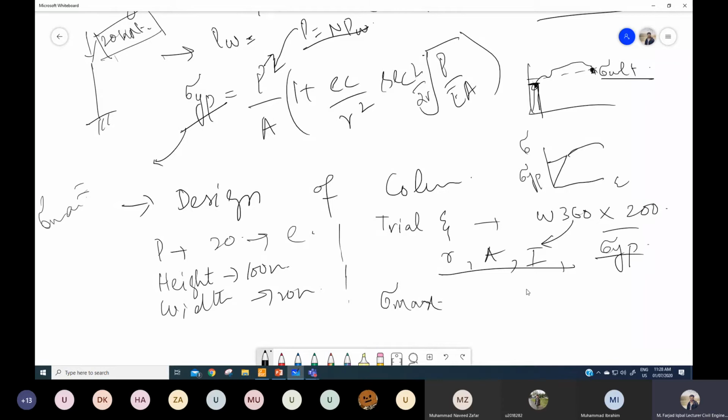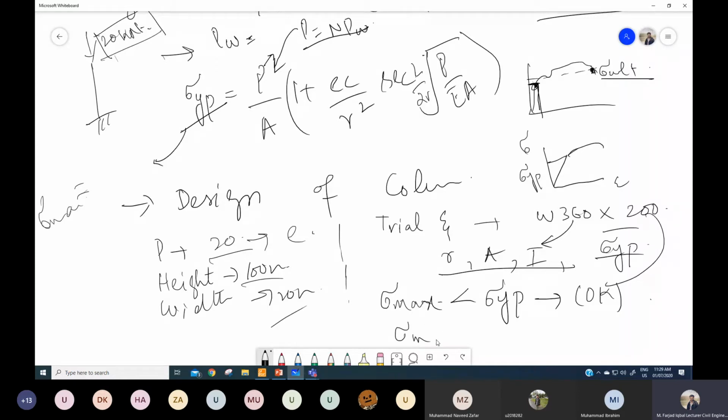So you will calculate the maximum stresses. If this maximum stress is less than sigma yp, we can say that this section is okay and we can use it for this type of load, and the height requirements are satisfied.